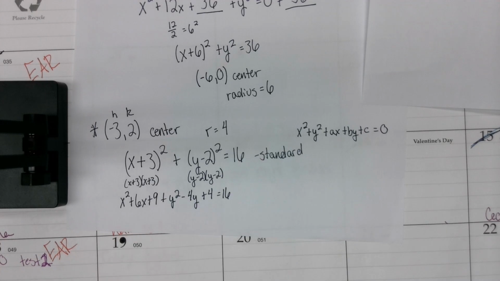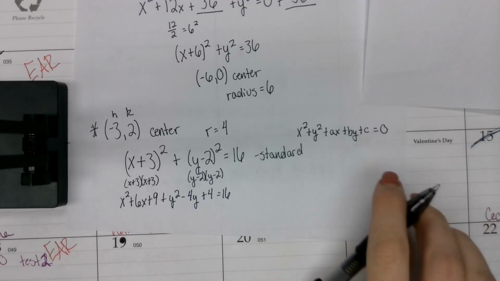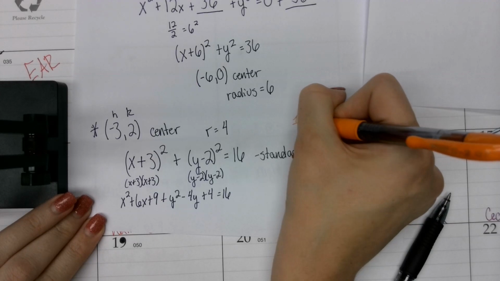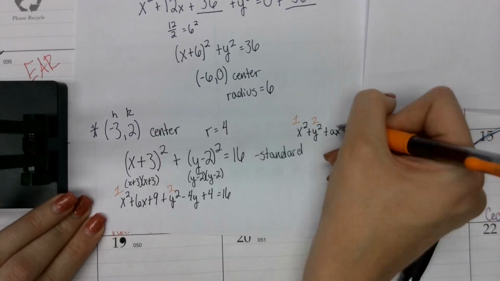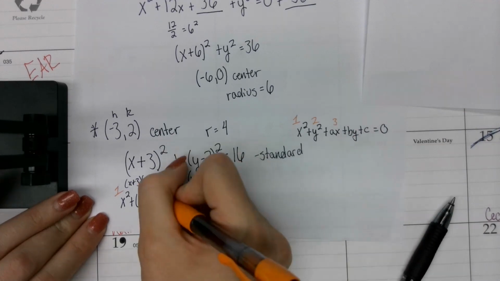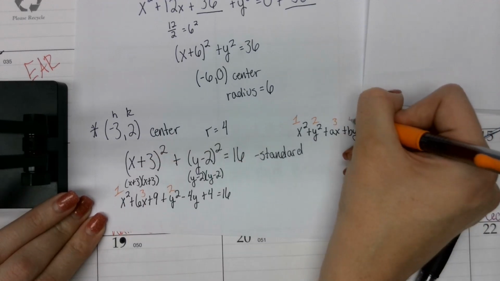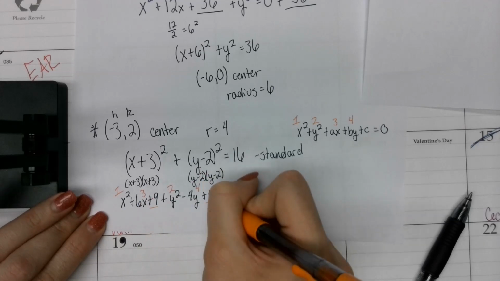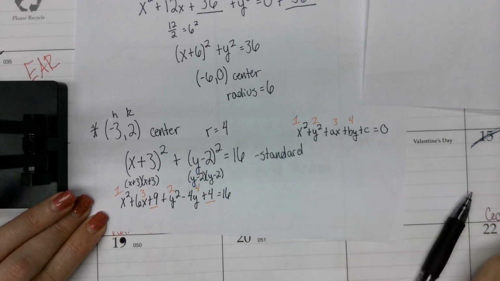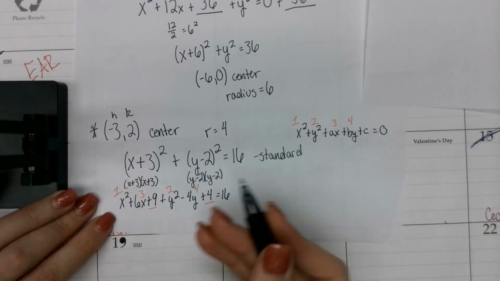That is okay. Now I'm going to put it in order so that it looks like this. So x squared is first, y squared is second, x by itself is third, y by itself is fourth, and then I need to combine these for c.